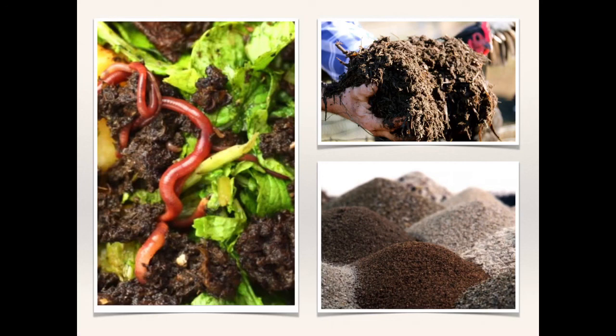And then we have geological amendments, things that come from geological deposits like salt deposits. So there's organic potassium salts, organic rock phosphorus, and organic trace minerals that come from a deposit called azomite.